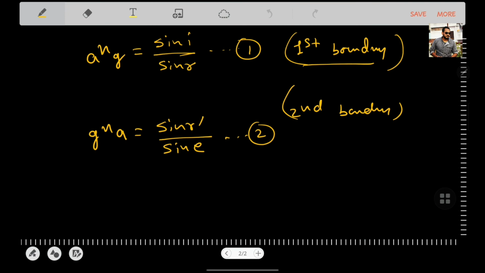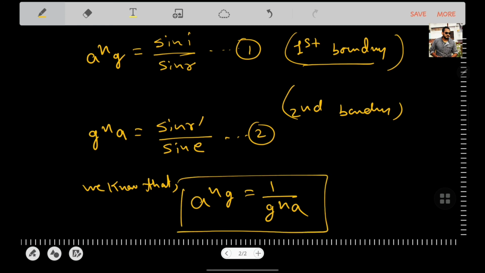Now we know the relation between A and G and G and A is inverse: A and G is equal to 1 upon G and A. We know that from relative refractive index theory, and how it comes I already told you, so it's not a big deal right now.